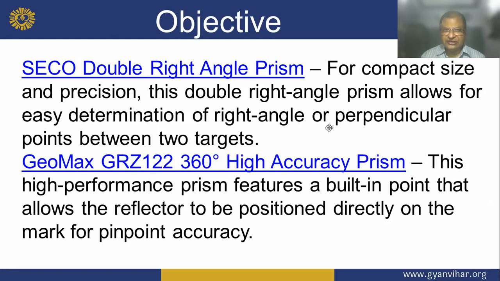Now, next machine is the Sokkia double right angle prism. For compact size and precision, this double right angle prism allows for easy determination of right angle for perpendicular points between two targets.